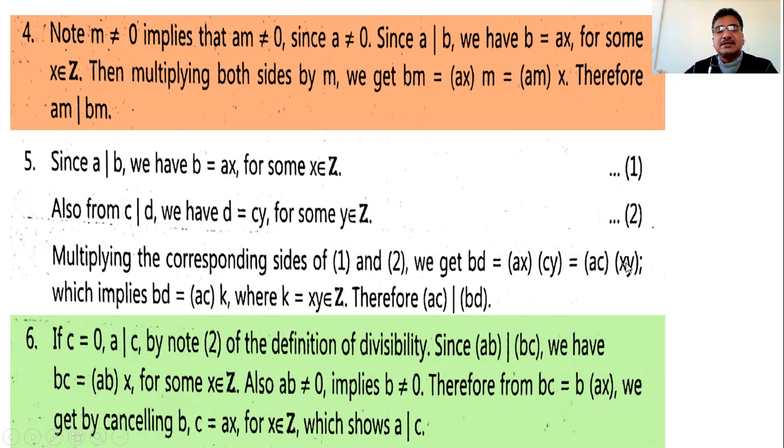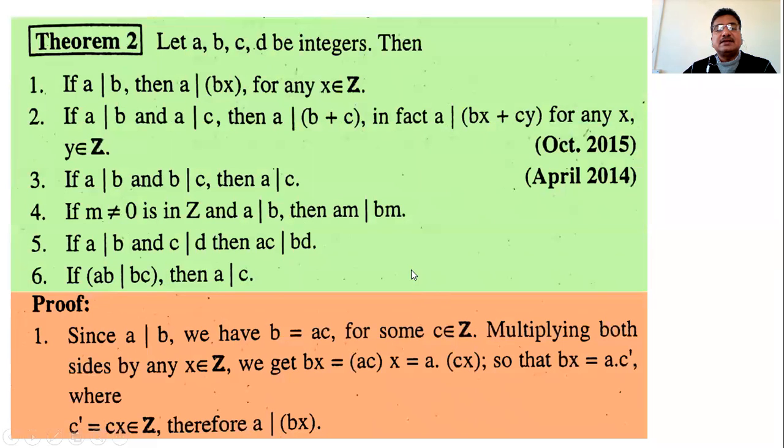And suppose this x into y is k, then it is an integer, because x and y are integers, and the multiplication of two integers is an integer. This k is an integer, and therefore bd is expressed in the form ac into some integer, which implies ac divides bd. And that is what we have to show.